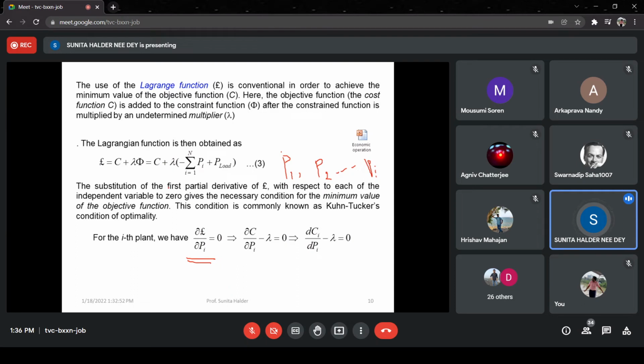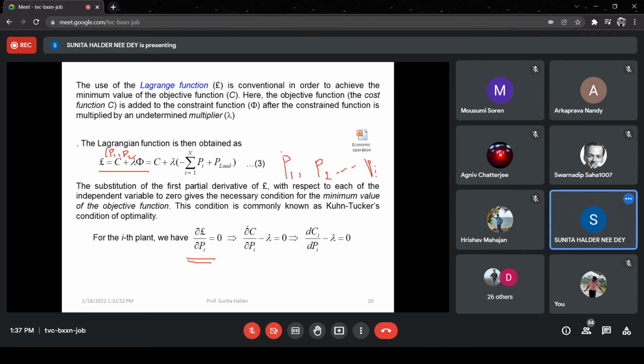When we take the derivative of the Lagrangian function with respect to pi, it is a function of all variables, p1, p2 up to pn, so we should do the partial derivative, because there are n number of variables.